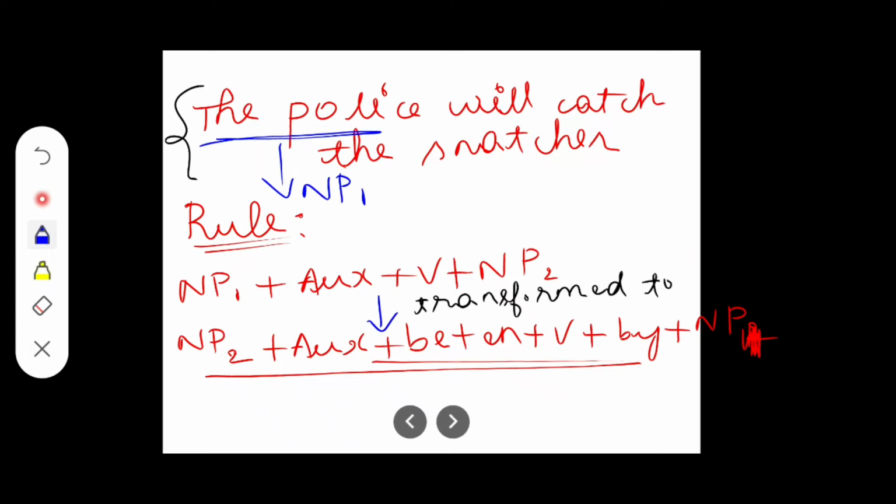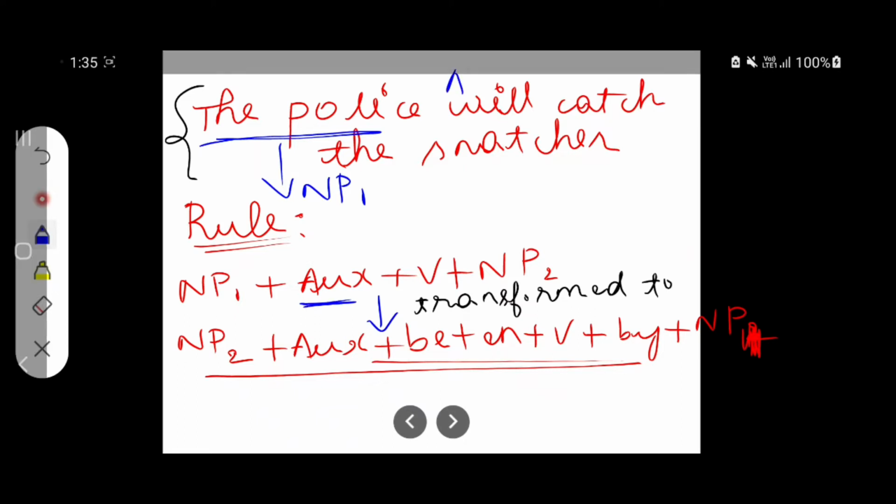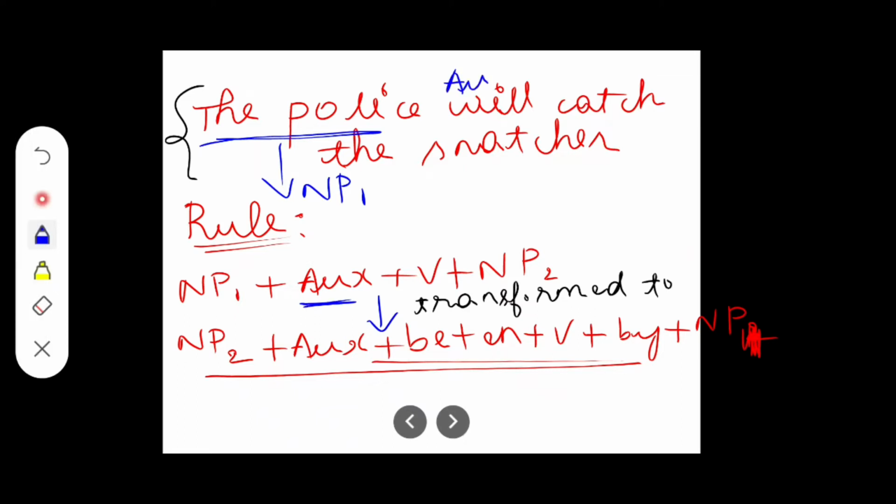Will is an auxiliary verb. Okay, this is the auxiliary verb, will. And catch, what is the next word we are having? Verb. So catch is the verb now. Then NP2, so the snatcher will be NP2.